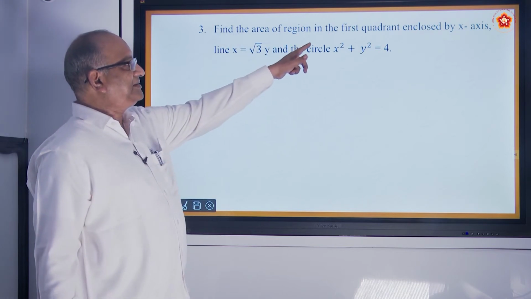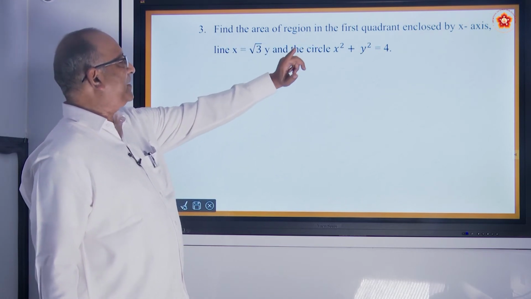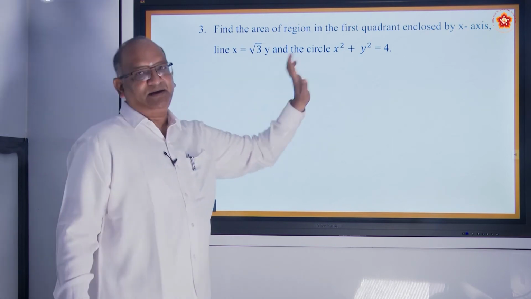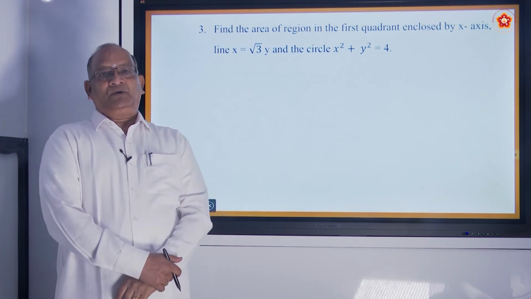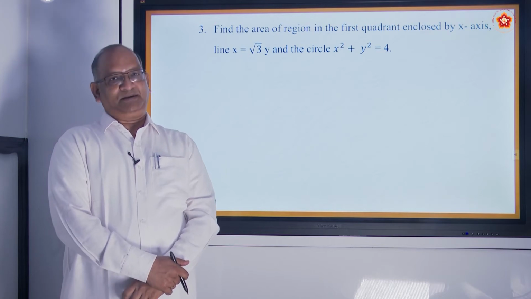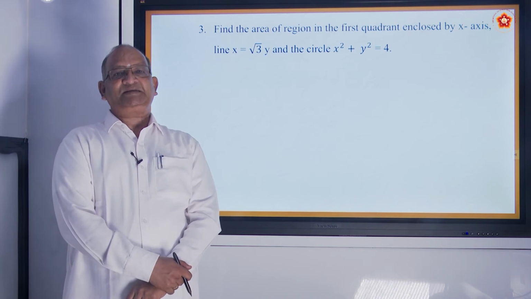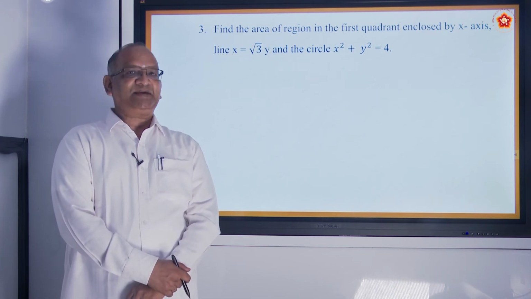Find the area of the region in the first quadrant enclosed by the x axis, the line x equal to root 3 y, and the circle x square plus y square equal to 4. What kind of circle is it?